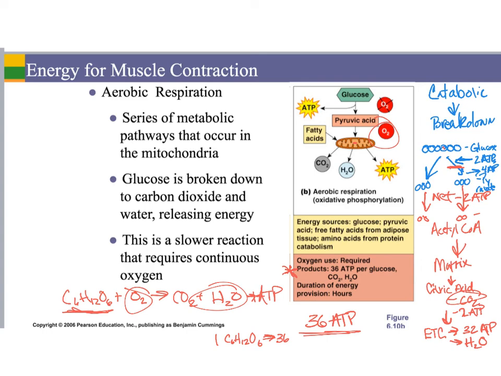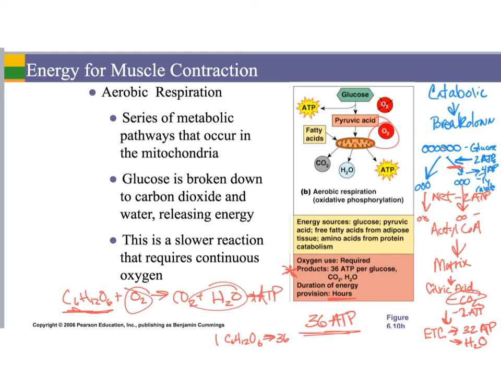Aerobic respiration occurs first, right? And depending on the intensity of the exercise or the activity, it can last for hours doing regular activity. However, if you're sprinting or lifting heavy weights for muscular endurance or muscular strength training, those oxygen stores are going to be used up much more quickly.